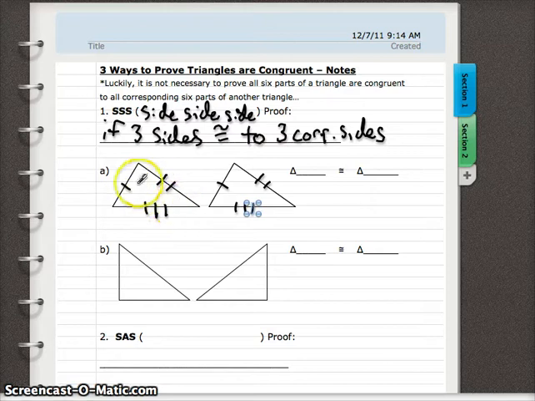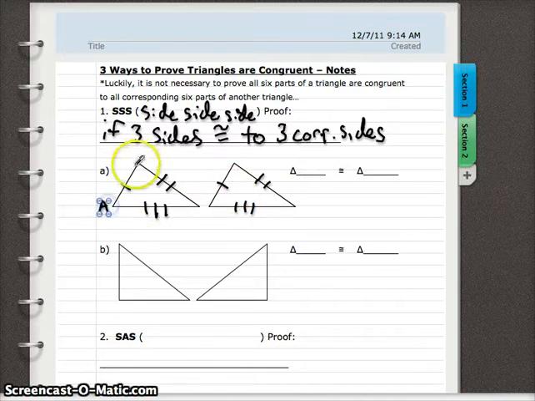If all of these sides were the same length, they would all just get 1 mark, and the corresponding sides would all get 1 mark. But each of these sides of the triangle is a different length, so they all get a different number of hash marks, and the corresponding sides get the matching number of hash marks. Alright, so hopefully that's clear.